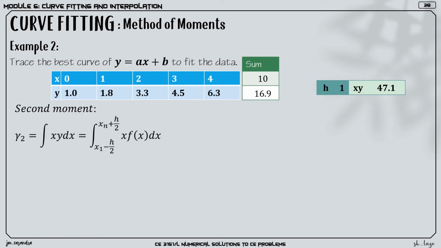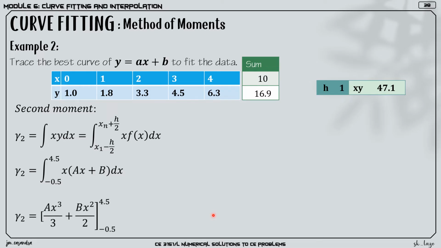For the second moment, that is equal to the integral of xy dx, which is equivalent to the integral of x times ax plus b dx from lower limit negative 0.5 to upper limit 4.5. If we distribute x to ax plus b, we have ax squared plus bx, and integrating that, we arrive at gamma sub 2 equal to ax cubed over 3 plus bx squared over 2 from limits negative 0.5 to 4.5.